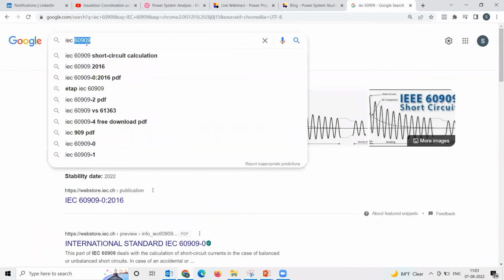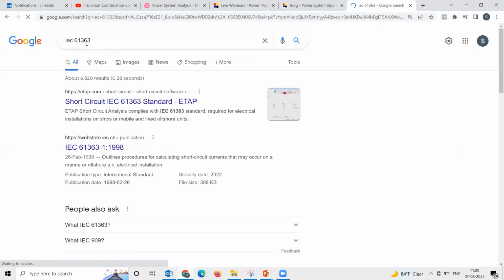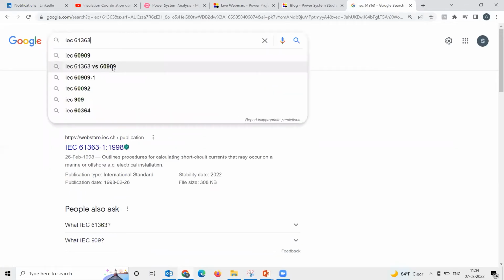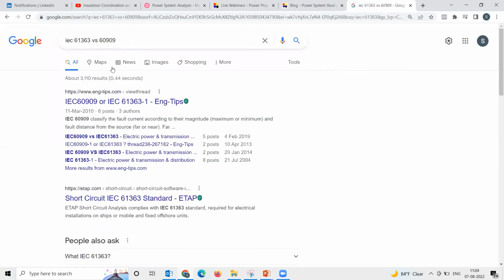There is another standard, IEC 61363, which is a transient short circuit. You can ask yourself: what's the difference between IEC 61363 and 60909? Answer: one is a steady state short circuit, and the other is a transient short circuit.